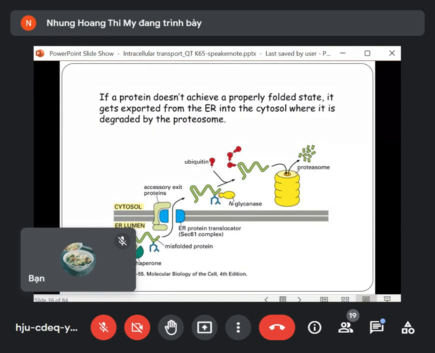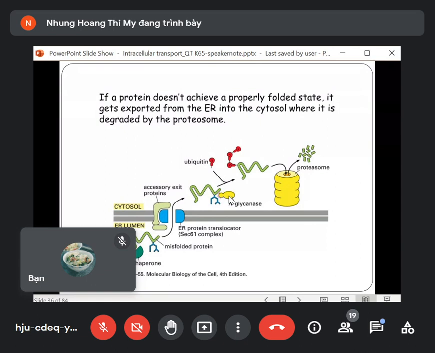In case the protein cannot be repaired, this protein will be sent out of the ER to the cytoplasm, and in the cytoplasm, this protein will undergo ubiquitination. This is a process that gives the signal for the protein to be sent to the proteasome, one type of organelle, to degrade the protein.